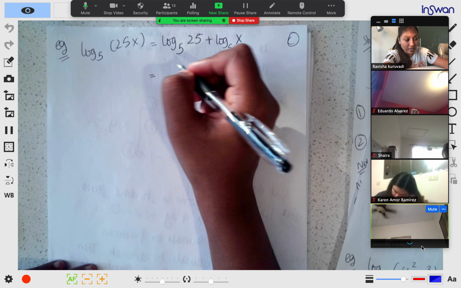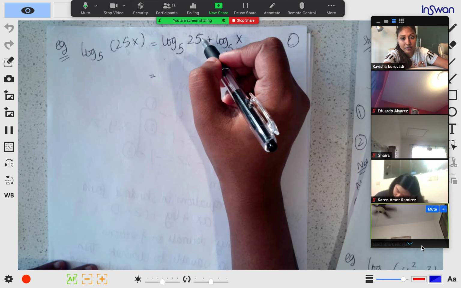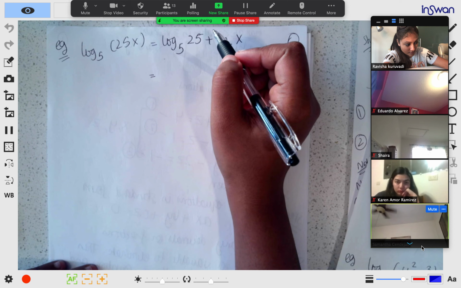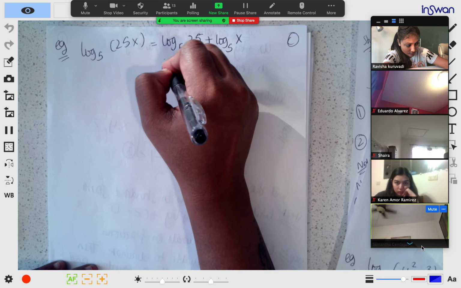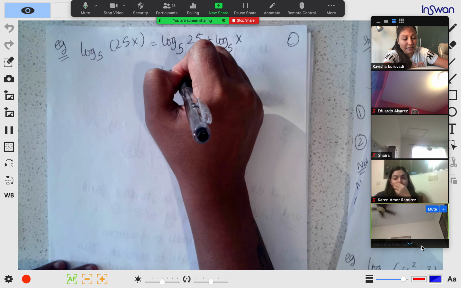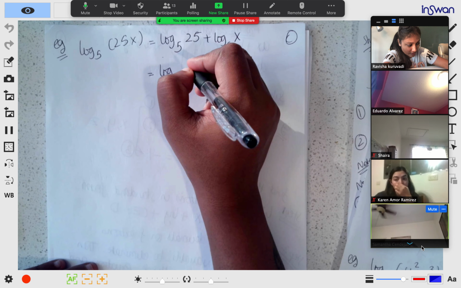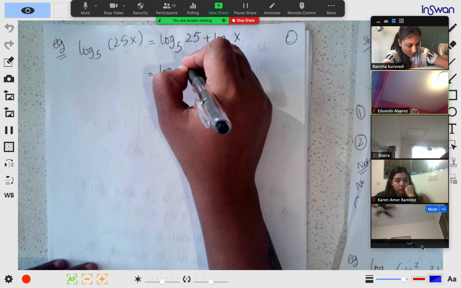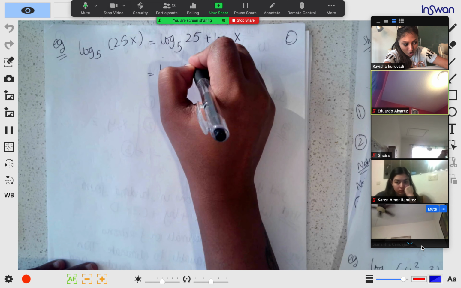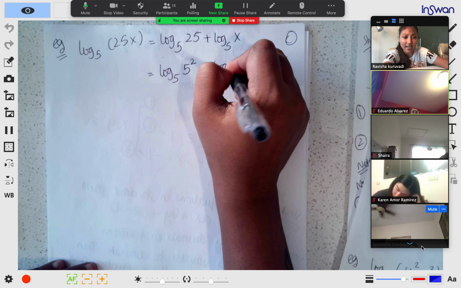Can I solve this further, Samantha? Can I write 25 as 5 to the power of something? What is it? 5 to the power of 2. You get log 5 of 5 squared, and log 5 of x remains as it is, as I cannot do much about it.